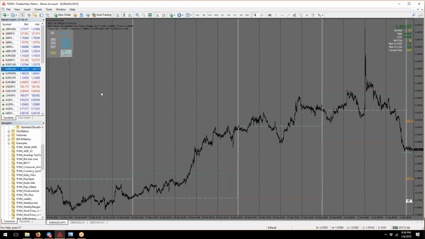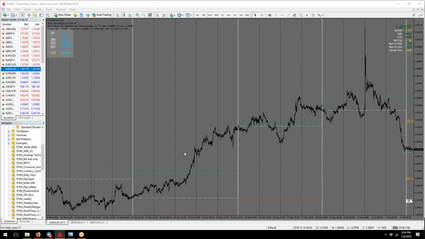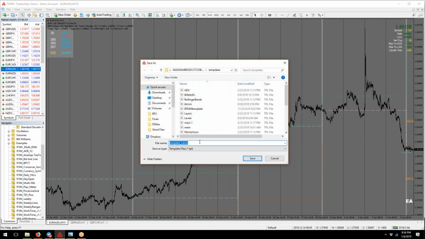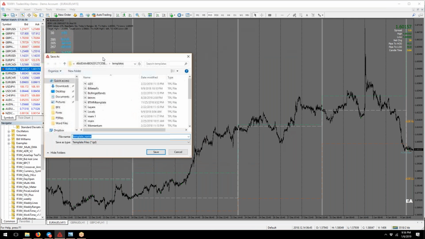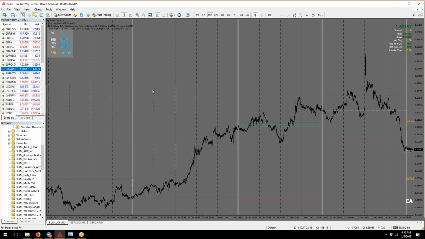That'll appear. Then I need you to save this template by right clicking, template, and save template, and just name it weekly structure, plain weekly structure. Save it, and that's it. It'll be saved, and you will have that template on there.